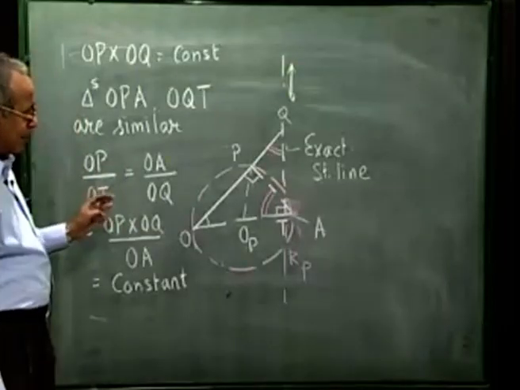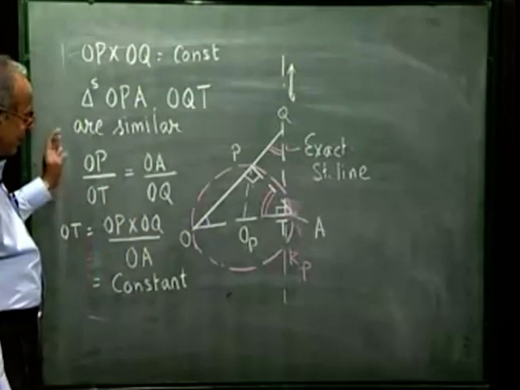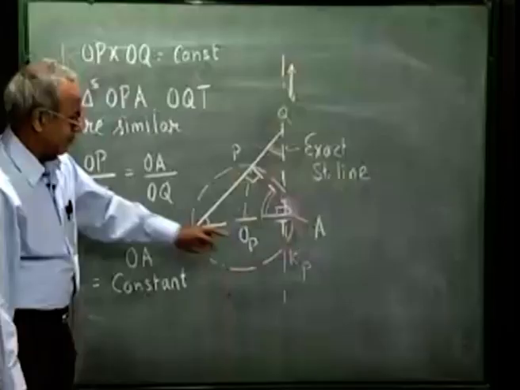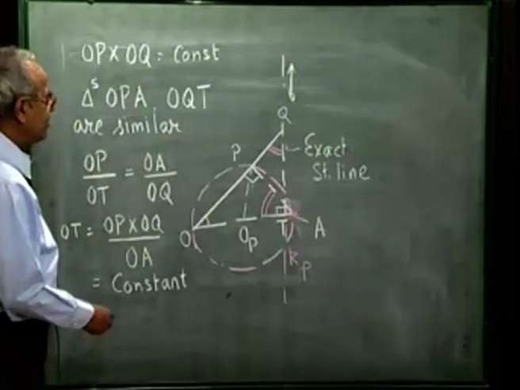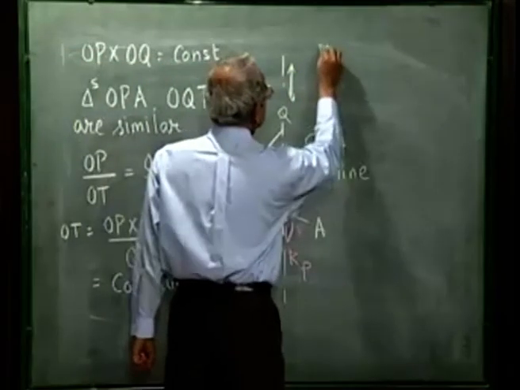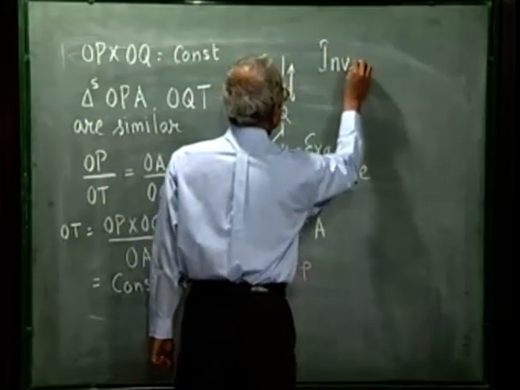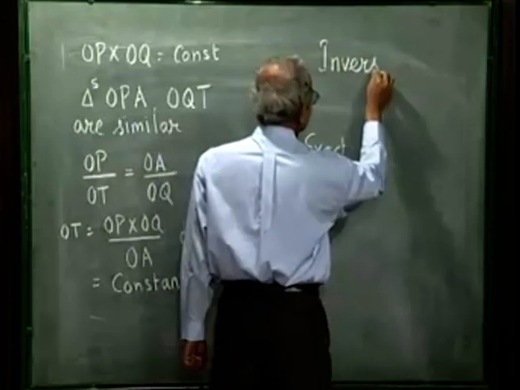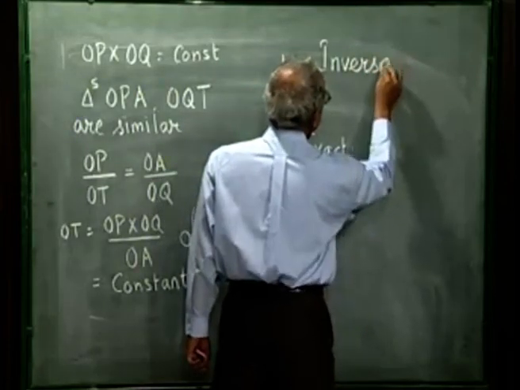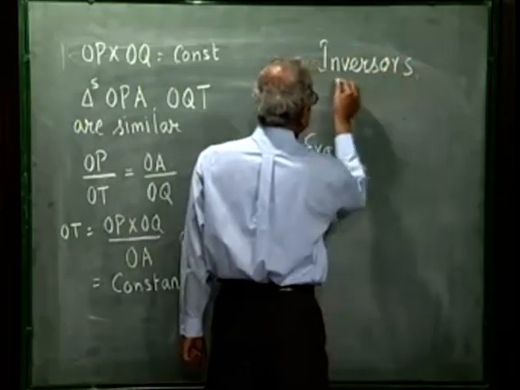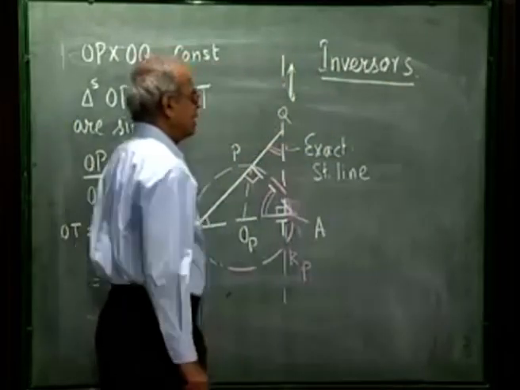Now, linkages with only R pairs having more than 4 links have been designed to generate exact straight line using this principle, and those are called inversions. Because they use this principle of inversion, such exact straight line generators are called inversors.